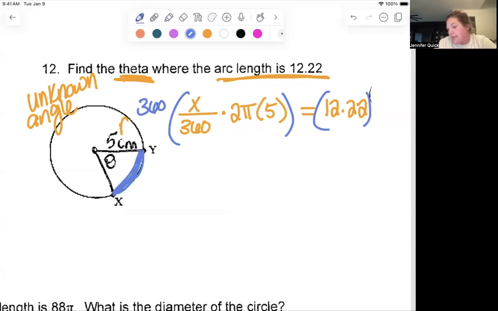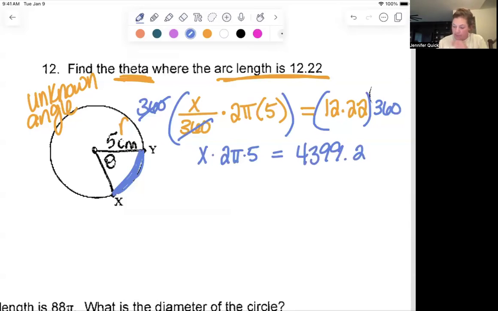All right. I'm going to get rid of the denominator. Makes my number really big, but it's not bad. So X times 2 pi times 5 equals 4399.2. Perfect.